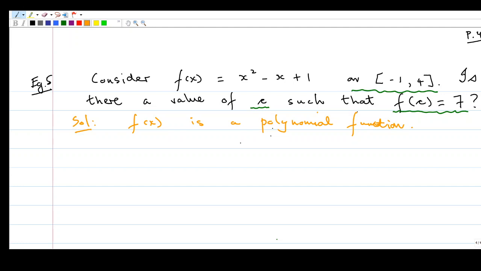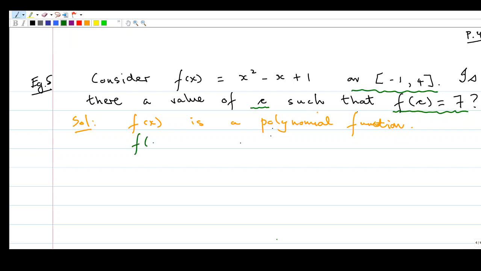Now we know that since the polynomial function is continuous for all values of the input, for all x an element of the real numbers. But now we are looking at what happens to this function on the closed interval from -1 to 4.